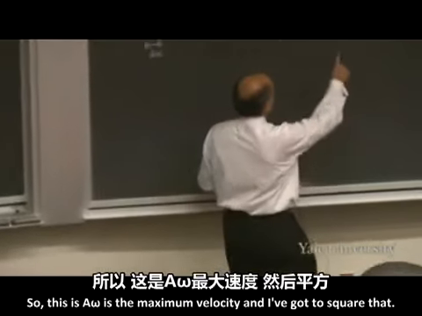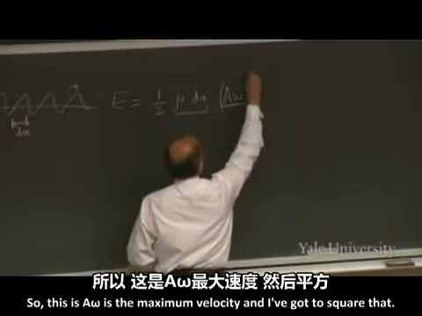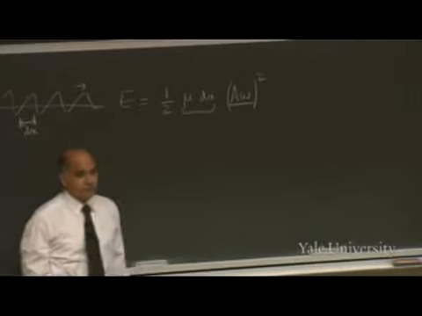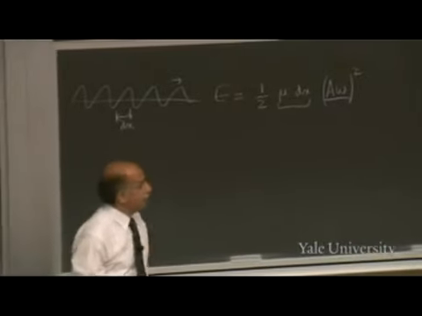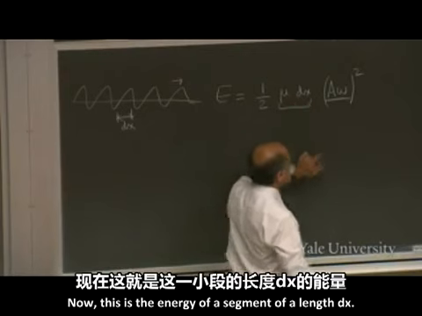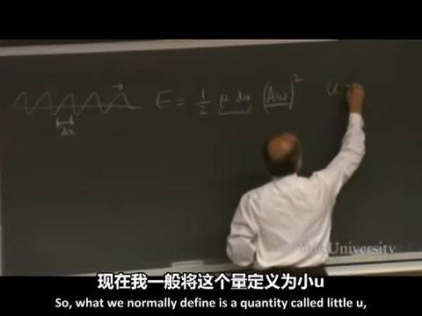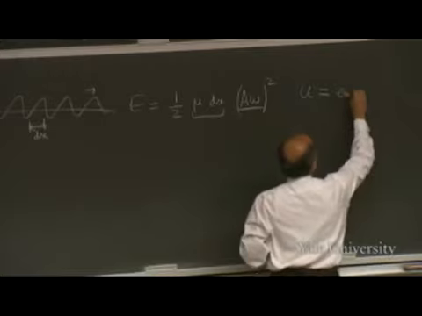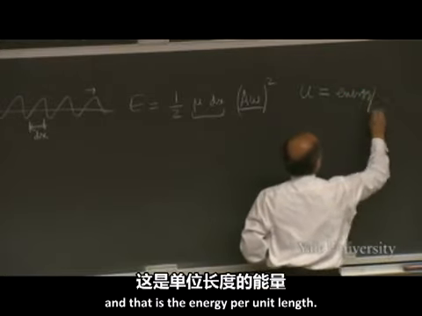So this is A omega as the maximum velocity, and I got to square that. Now, this is the energy of a segment of length dx. So what we normally define is a quantity called little u, and that is the energy per unit length.